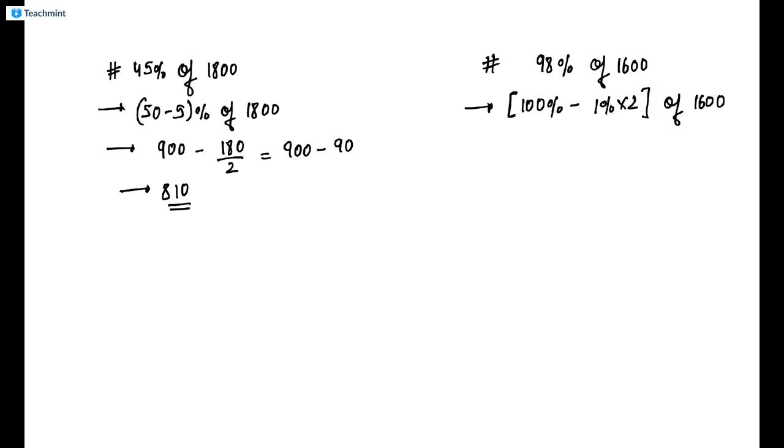This will give you 98%. 100% will be exactly 1600. What will be the 1%? I told you how to calculate the 1%. From the right hand, remove two digits and put the decimal, so 16 multiplied by 2, it is 1600 minus 32. What will it be? Tell me what it will be.